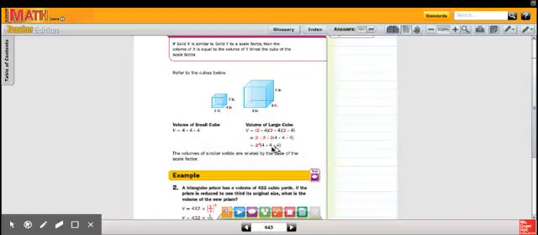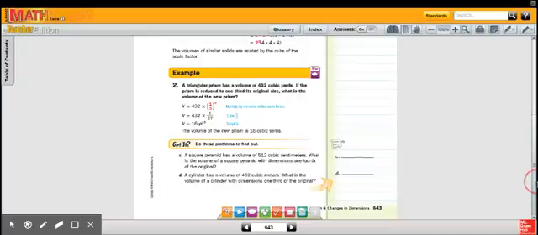So you still have your 4 times 4 times 4, but you pull out your scale factor of 2 times 2 times 2, and you get 2 cubed. So if volume is cubic inches or cubic something, then where we squared the scale factor in the last one, this time we're going to cube it. Goodbye to the answers.